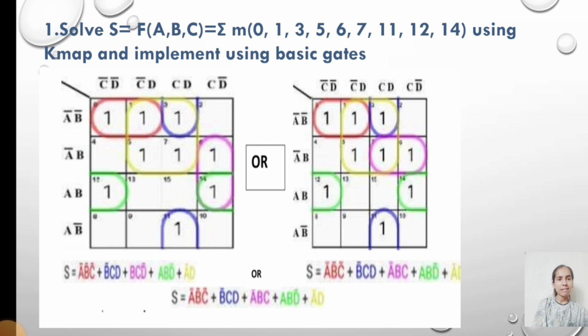Then fill in the cells based on the truth table, 1 for minterms, and then identify the groups of 1s for SOP, and simplify the Boolean expression by eliminating the variables. Then finally we get S equals A bar B bar C bar plus B bar C D plus A bar B C plus A B D bar plus A bar D.